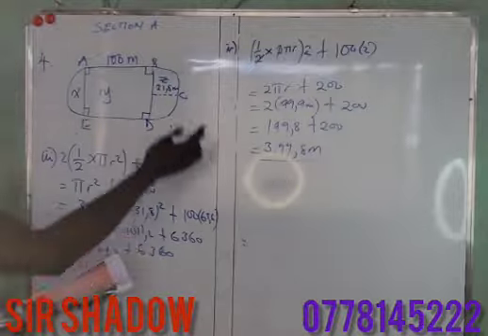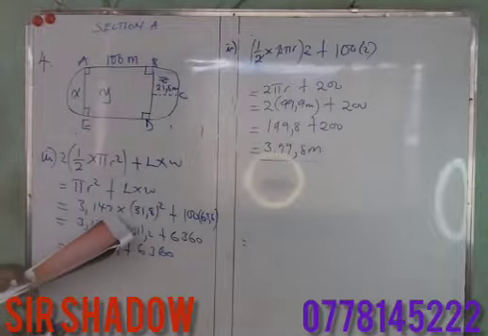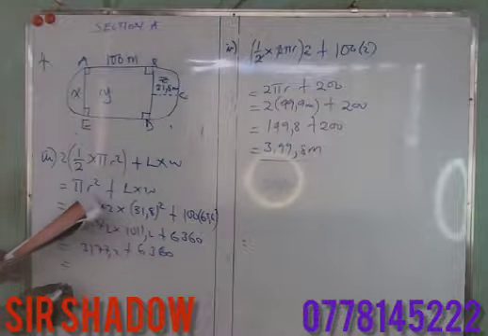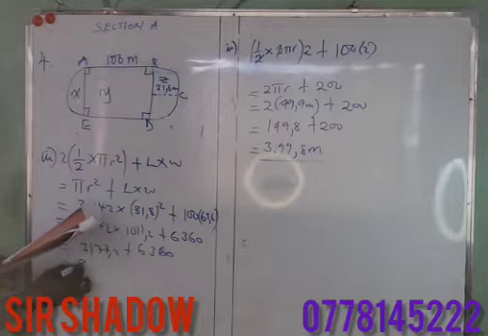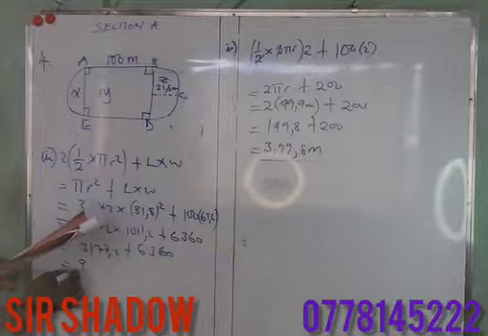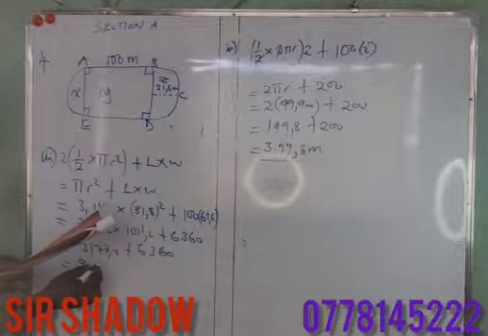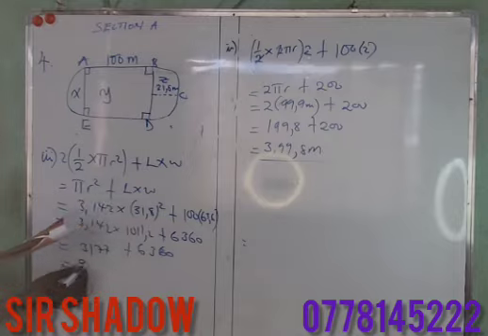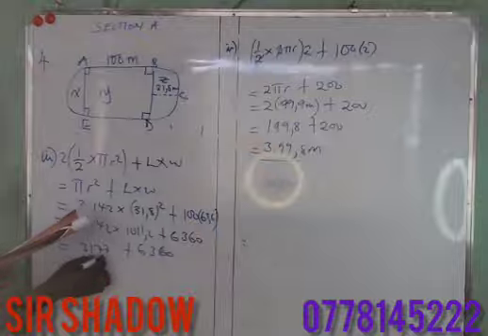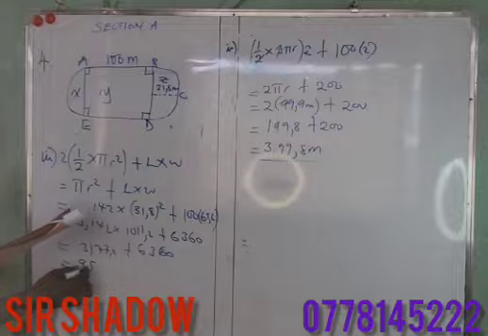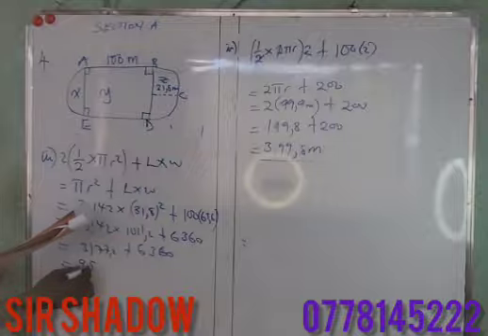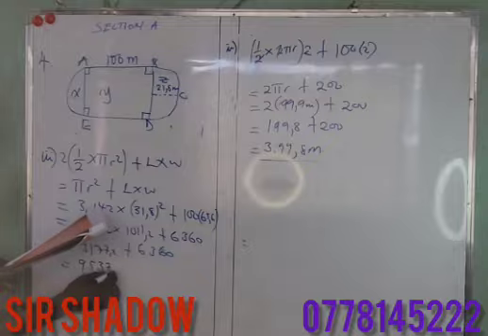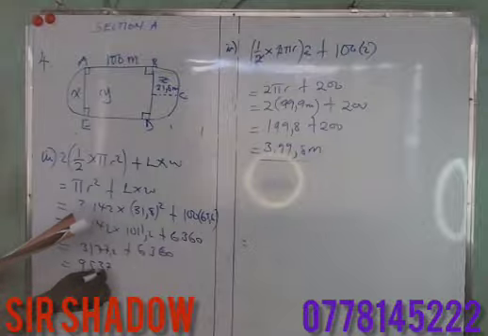For us to find the area of the whole field, you can add using a calculator. Since I'm not using a calculator, the final area becomes 9,537.2.